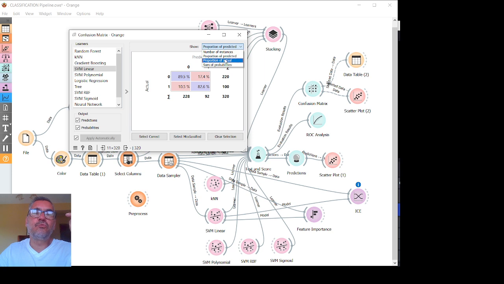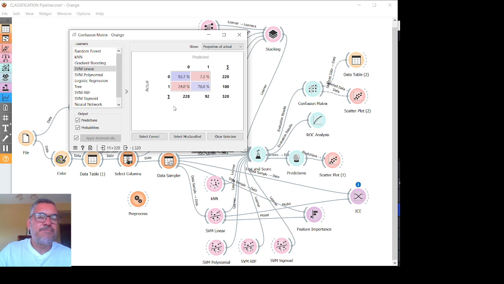And if we go to proportion of actual, now we do the same for the rows. From the actuals, which means the actual number of zeros, of good customers, is 220, we predicted correctly 92.7%. We misclassified as ones 7.3%.